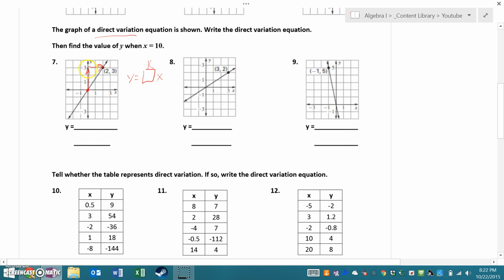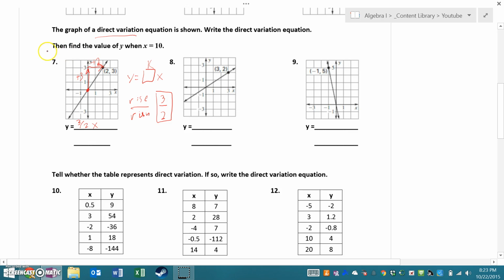That's just recording the movement. 1, 2, 3. That's a rise of 3. And 1, 2. That's a run of 2. If we're looking at this as slope, rise over run, then what we've got is a rise of 3 and a run of 2. So there's my slope, which means that my direct variation is going to be y equals 3 over 2 x.